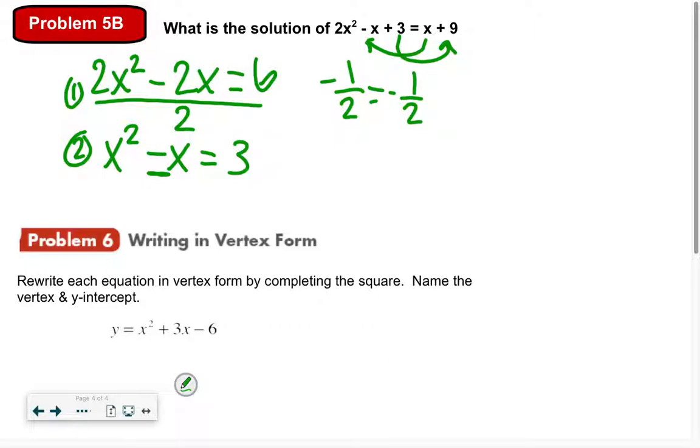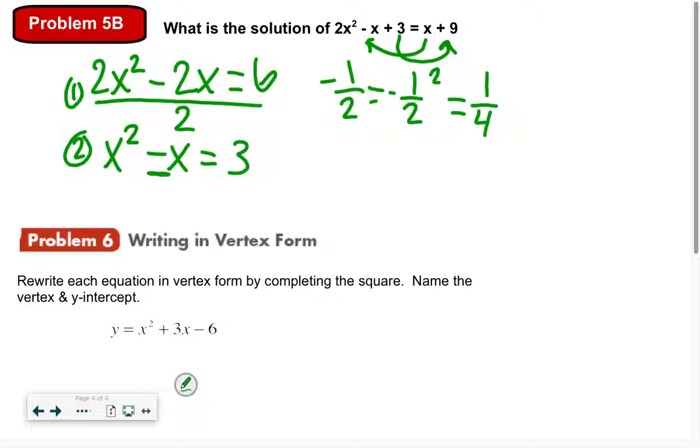Okay. To figure out what number I add, what do I do to that? Square it. What's negative 1 squared? 1. What's 2 squared? Negative 1/2 squared is 1/4.